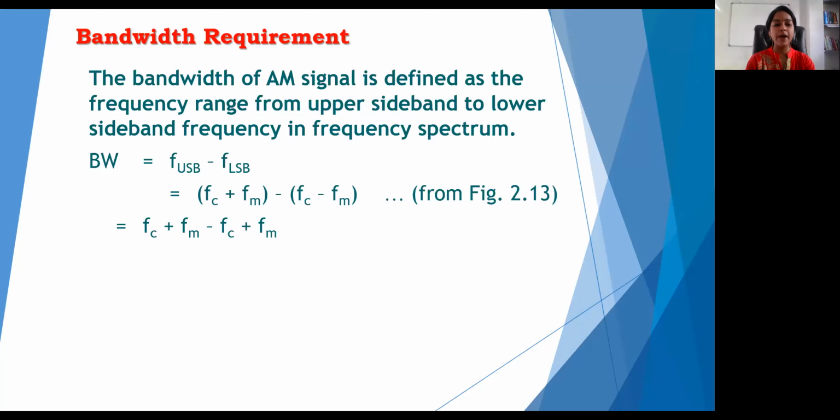So this is just the same as how we calculate the bandwidth: upper sideband frequency minus lower sideband frequency. So this can be derived from the formula.